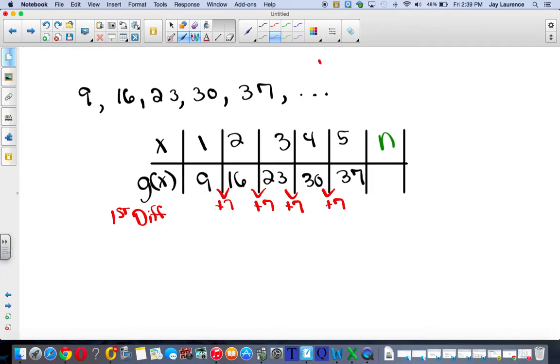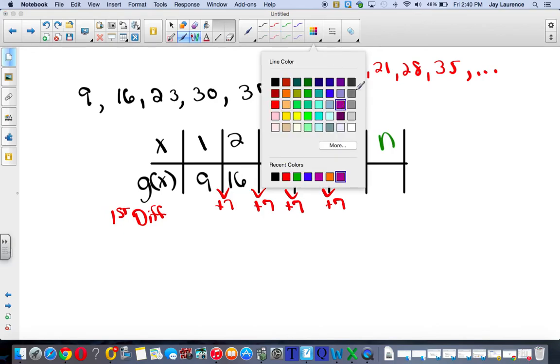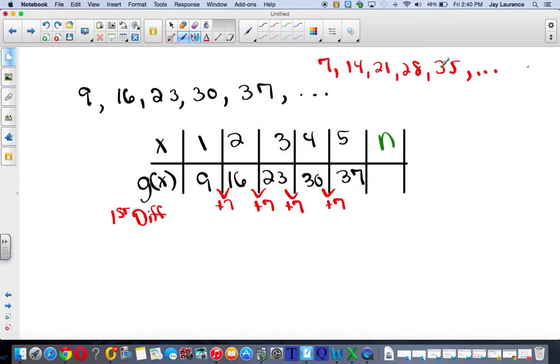That's kind of like counting by 7s. 7, 14, 21, 28, 35, etc. Okay, so my function, or my nth term, I'm guessing it's going to be something like that, because those all go up plus 7. So I'm going to take that 7, I'm going to multiply it by n. I'll do my comparison line, and notice I write them right under the other numbers, so it's really easy to figure out.